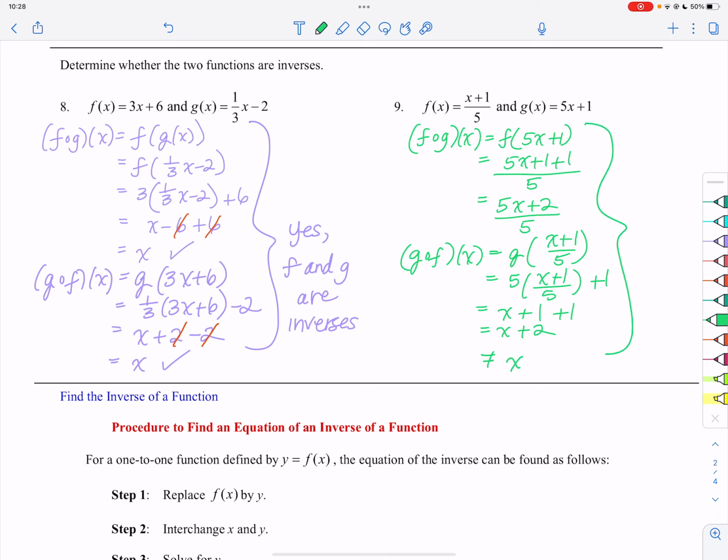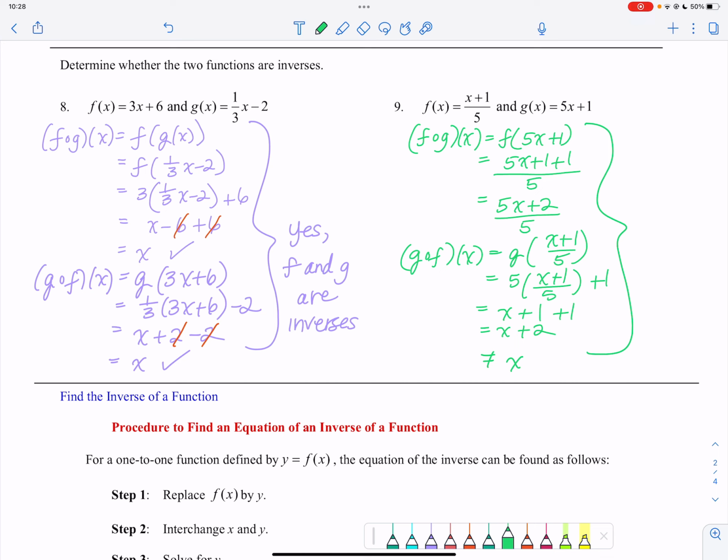So we can say that no, f and g are not inverses.